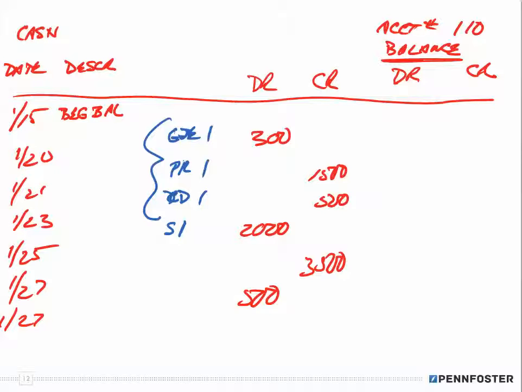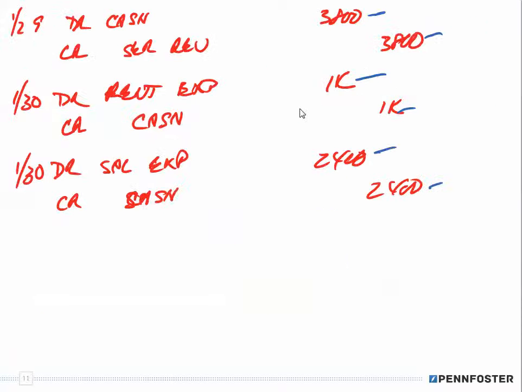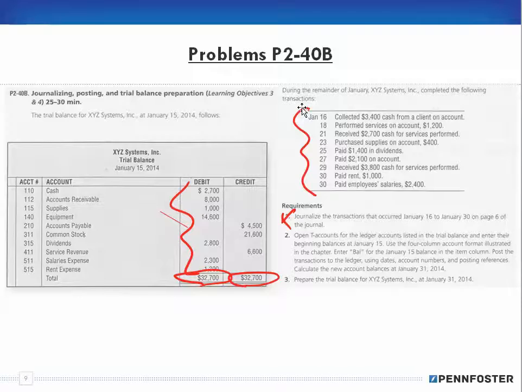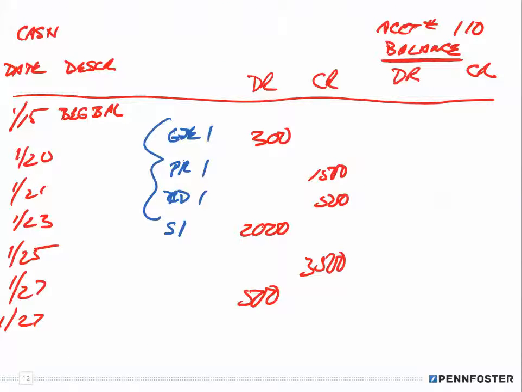Your beginning balance in the cash was 2,700. Like I explained in the previous video, as I make each and every entry, I would always be updating my balances in this column. So each and every line, I would have a new balance.